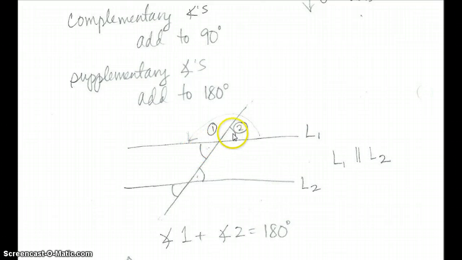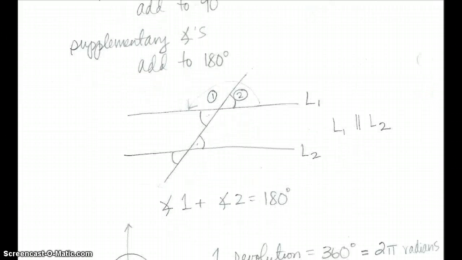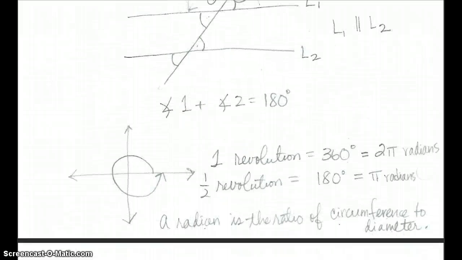The fact that these two vertical angles are equal, that angle 1 plus angle 2 would be supplementary because they add to 180 degrees, which is a straight line. We also know that opposite interior angles are equal, and that opposite exterior angles are also equal. With trig, you see that a little bit, so it's just something you want to keep in the back of your mind.